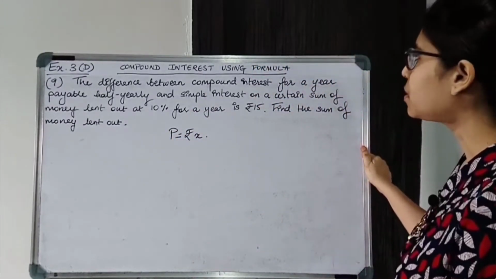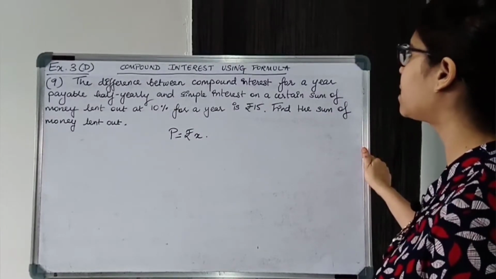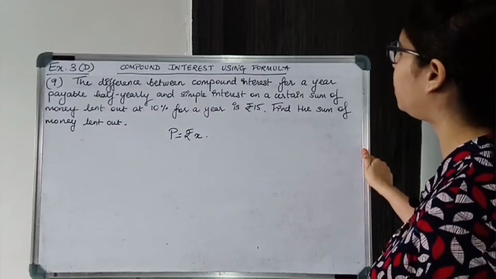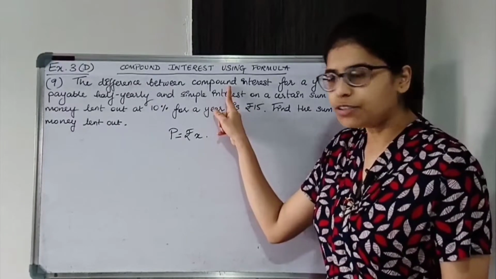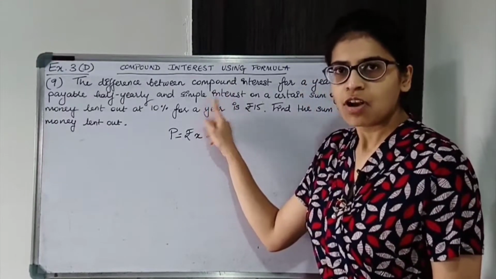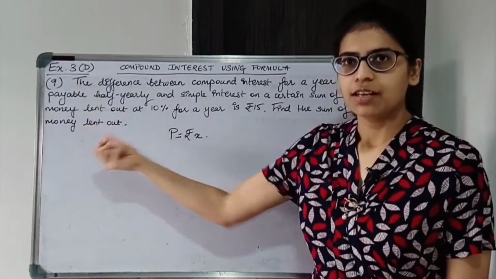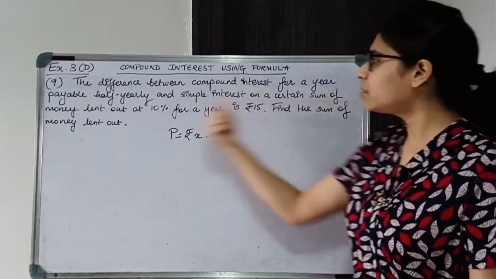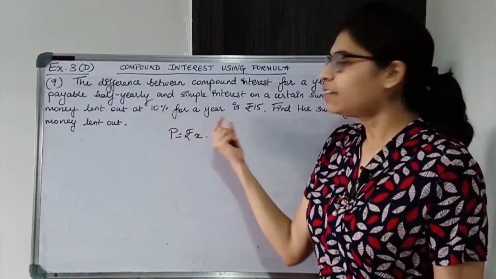Now, the difference between compound interest for a year payable half yearly and simple interest on a certain sum of money lent out at 10% for a year is rupees 15. Now, you are calculating compound interest and simple interest on the same sum of money. So that sum of money is this much at 10% for a year.